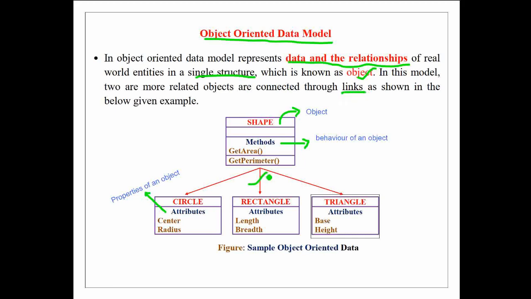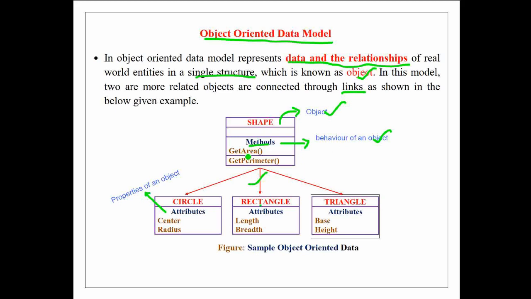Here in this model, shape, circle, rectangle and triangle are the objects. The object shape has the methods getArea and getPerimeter, where methods represent the behavior of an object in this model.